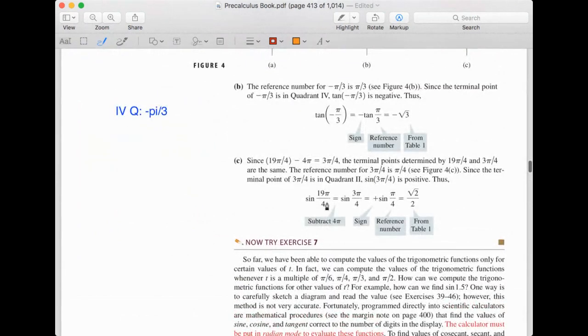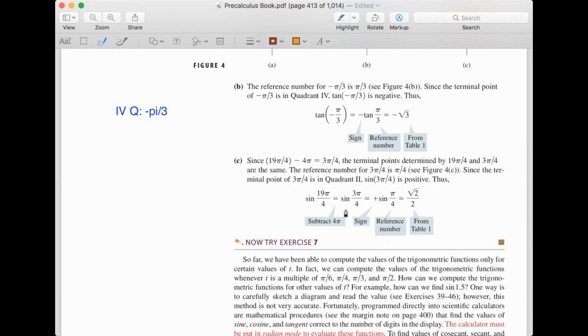So sine of 19 pi over 4, we simplify to be sine of 4 pi plus 3 pi over 4. Sine, just 4 pi, just ignore it. So we have sine 3 pi over 4. But remember, we only ignore even pi's. We can ignore 2 pi, 4 pi, 6 pi.